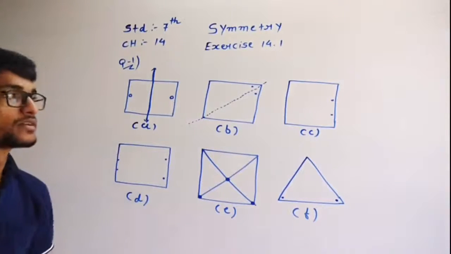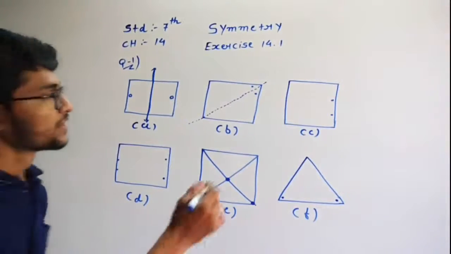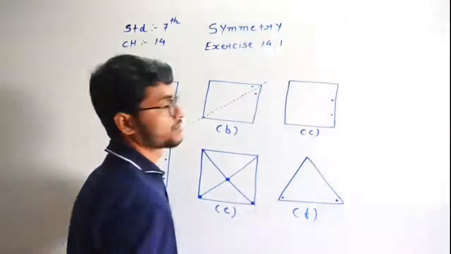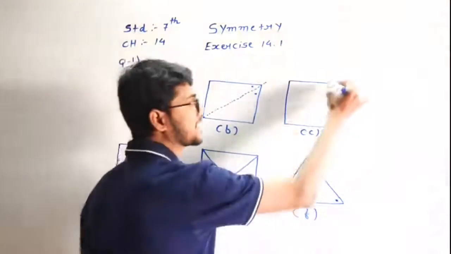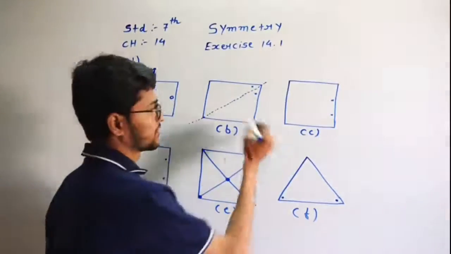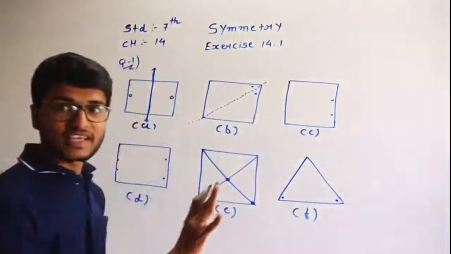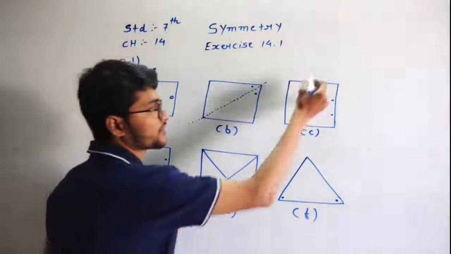In the third figure we have to draw the line of symmetry. See, straight, no, vertical, sorry, diameter. No, diagonals. It's called the diagonals. For example, this one is the diagonal line. A straight line?